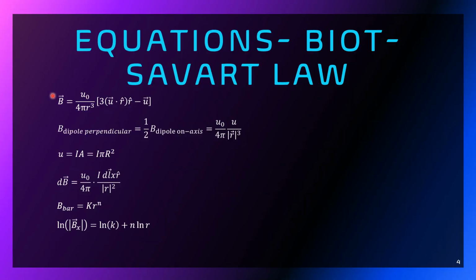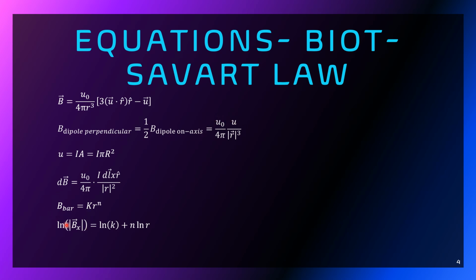Well, we have our equations. This is our magnetic field equation in a general sense, but this can be used at any point of anywhere, but most of the time we're going to have it perpendicular or on axis. So we can just use this equation right here, where this is our little dipole moment, and this is a magnetic constant.